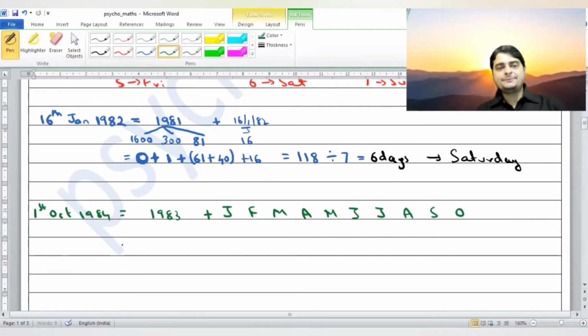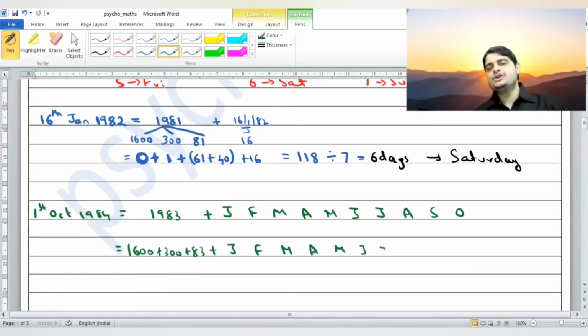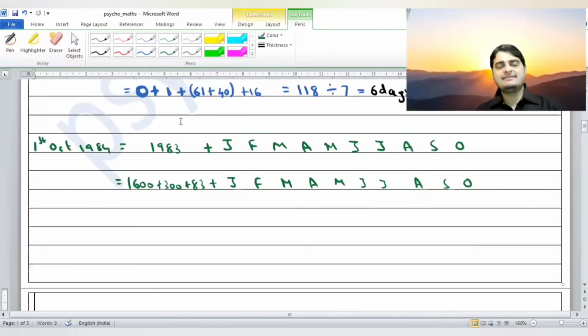So to reach up to 1983, let us first cover the centuries. It will be 1600 plus 300 plus 83 years. Yes, this we have completed, and the months Jan to October tend to be the same. Now let us check.